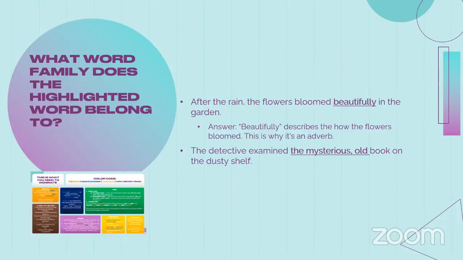The detective examined the mysterious... How do you pronounce the verb? What did the detective do? Examined. But it doesn't end in eight. Imagine eliminating the D. How will you pronounce it?